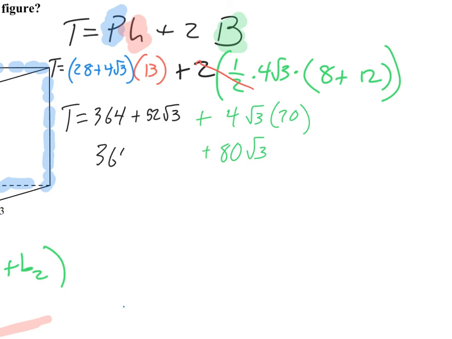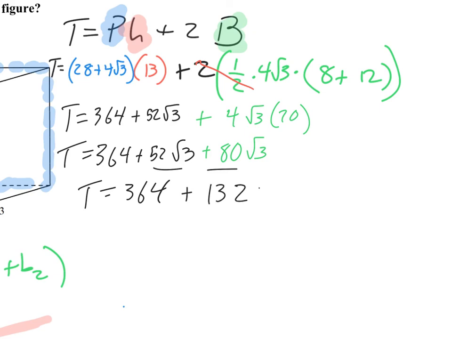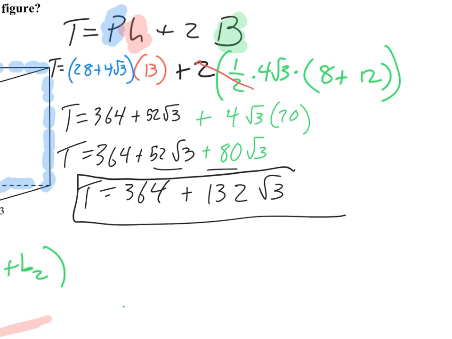And over here I still have 364 plus 52 rad 3. Well, these are like terms, because they're both square root 3. So 80 plus 52 is 132. And so this is what we would call an exact answer. And now we would want to also put that this is units squared, because we're talking about area here.